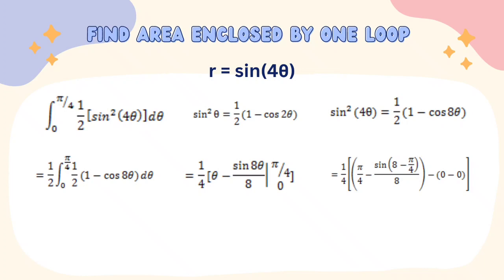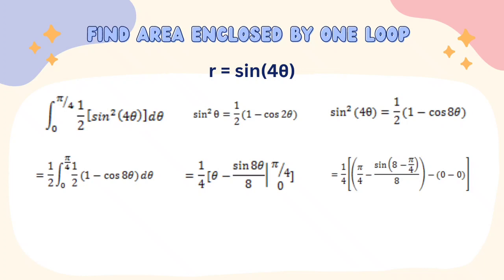And then we'll have to subtract away the lower limit. If I plug in 0, I'm just going to get 0. Notice on the inside, 8 times 0, we know that sine of 0 is 0. So the lower limit just turns into zeros. So we're almost there.